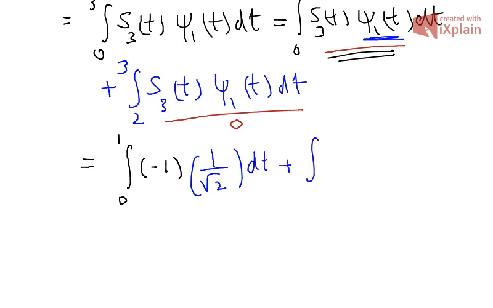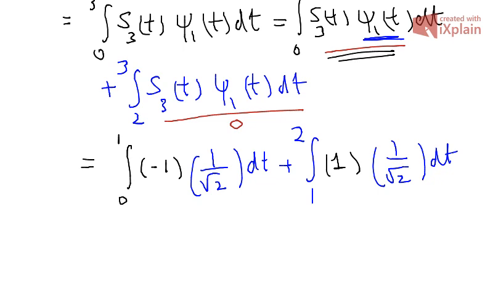And from 1 to 2, the signal is 1, and our orthonormal signal is 1 over under root 2. So this is what we have for C13, right?